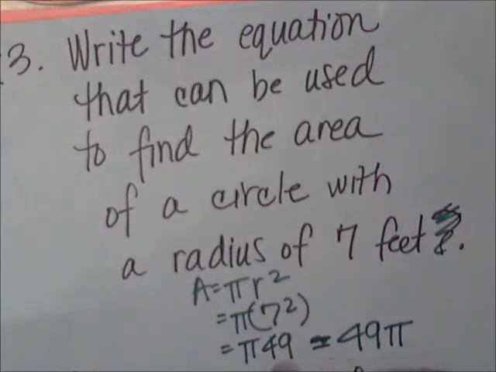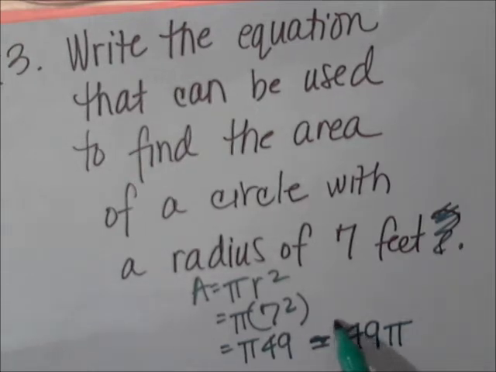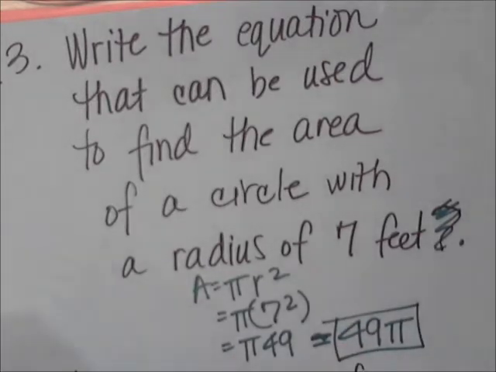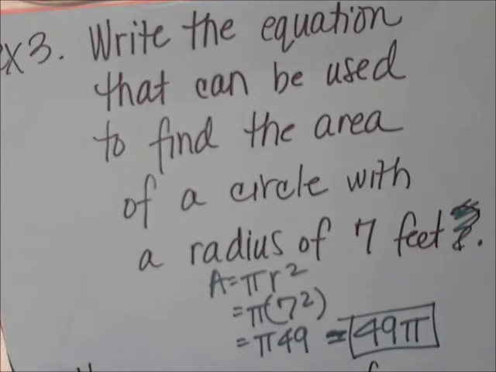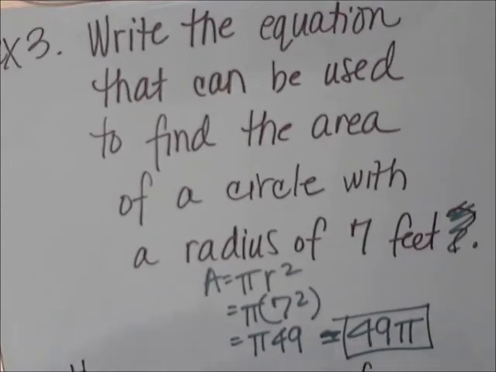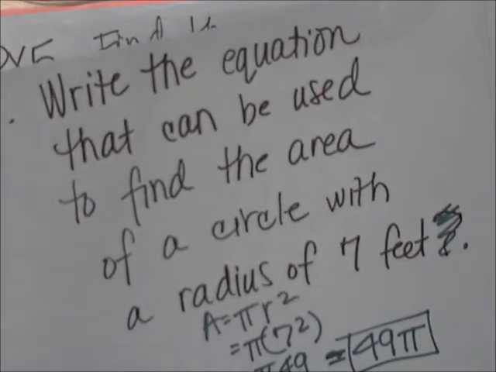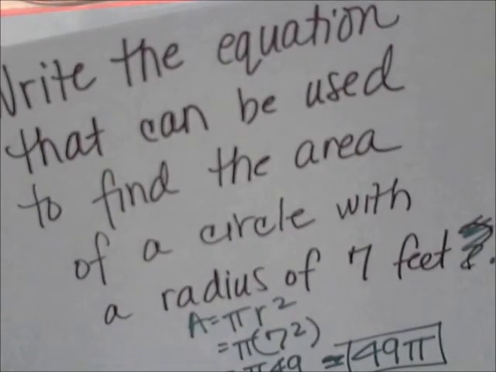I just switched it around because 49 pi makes more sense than pi 49. In mathematics, we would say this one is easier to read, or it's the most simplified answer.